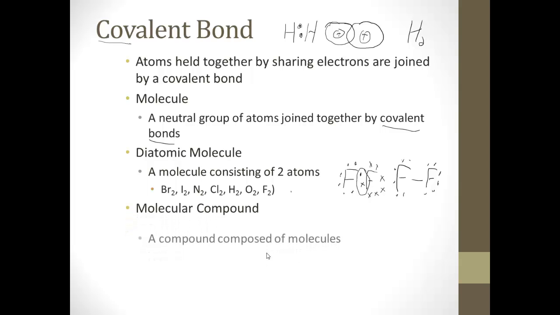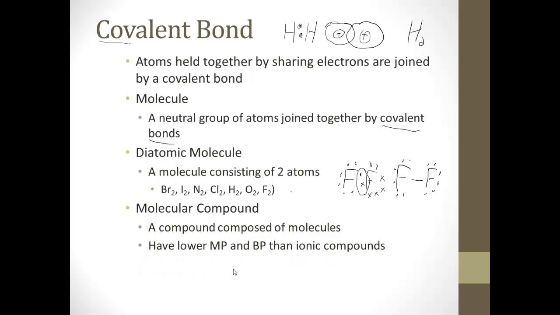A molecular compound is any compound composed of molecules. These are molecules, but they're not compounds because there's only one type of element, only one type of atom. A molecular compound is a compound composed of molecules, and they tend to have a lower melting point and a lower boiling point than ionic compounds.